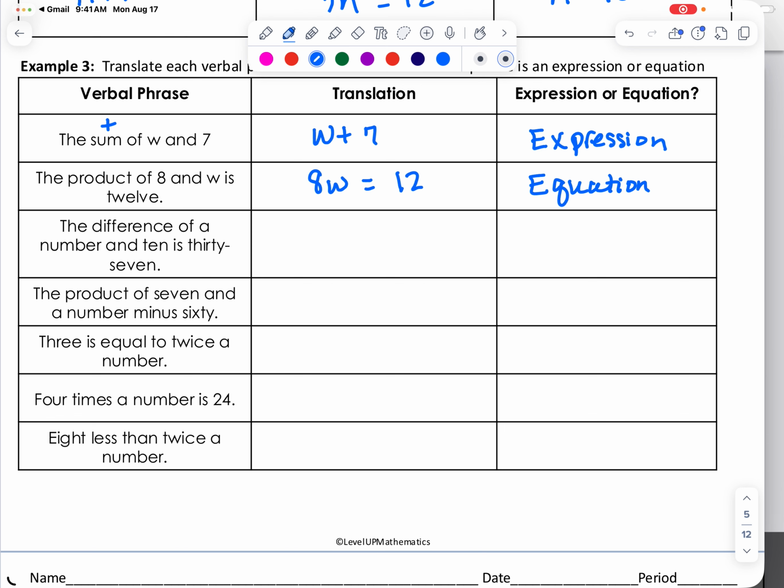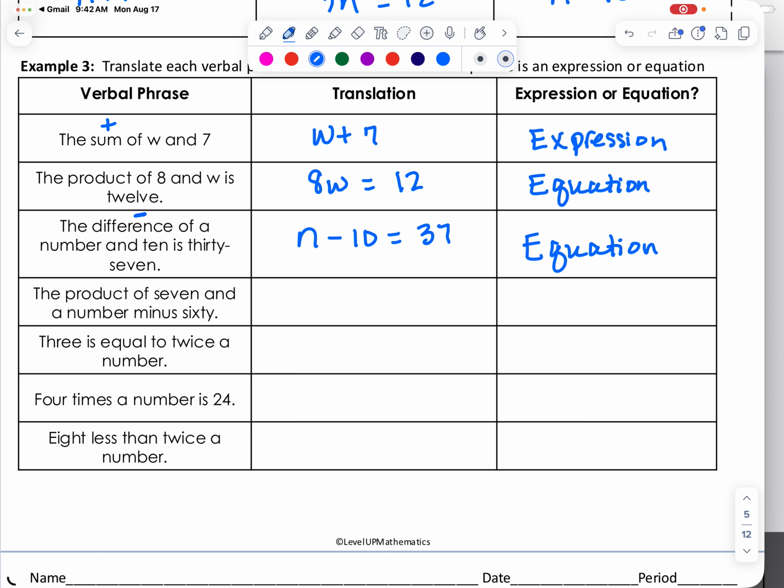Next phrase. The difference of a number and 10 is 37. Difference means subtraction. So N minus 10 equals 37. This problem has an equal sign, so we could say it's an equation.